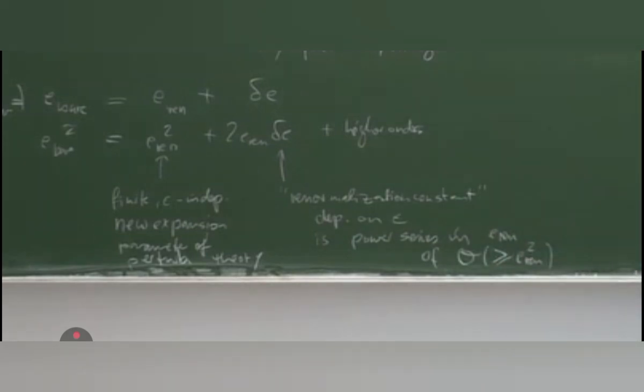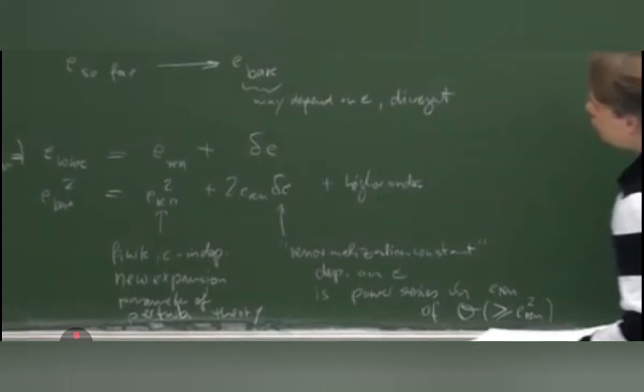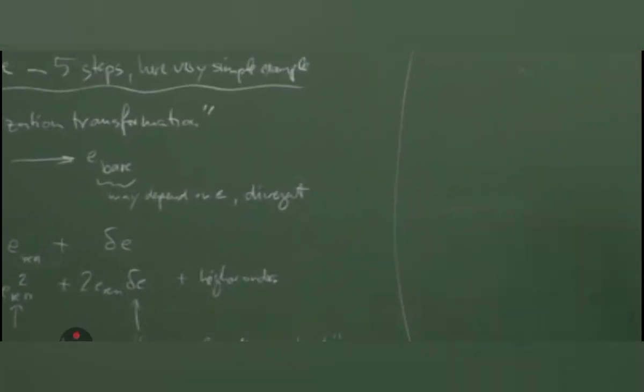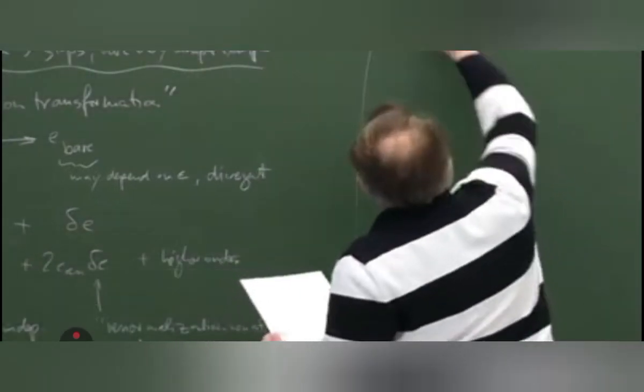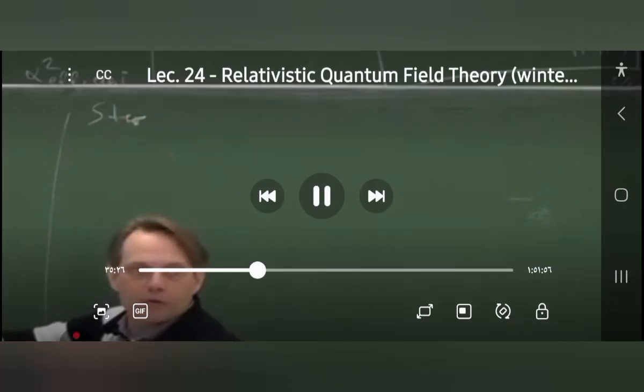Actually, no. It's even of higher order. It starts at E cube because the vacuum polarization is of order E square. So we split this, and this kind of split is called a renormalization transformation. And in general, you would do that for all parameters in your theory, and here we just consider only one.